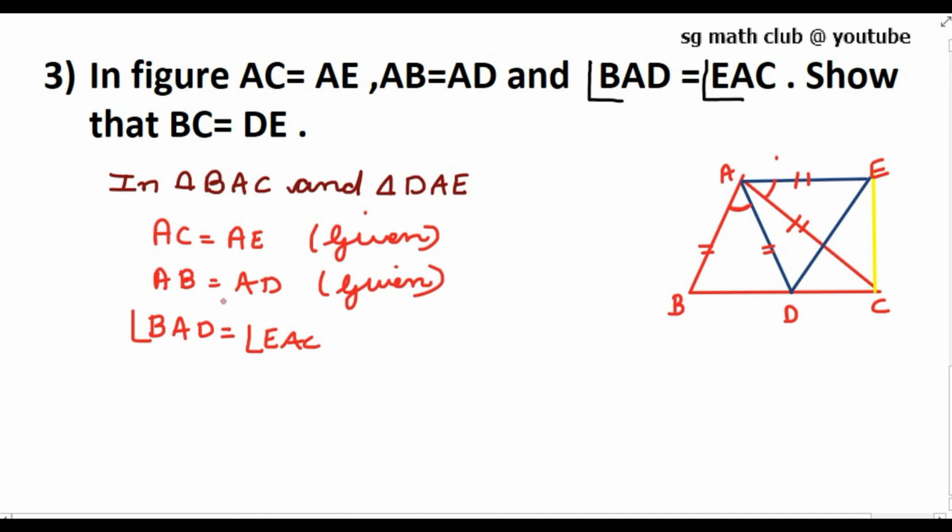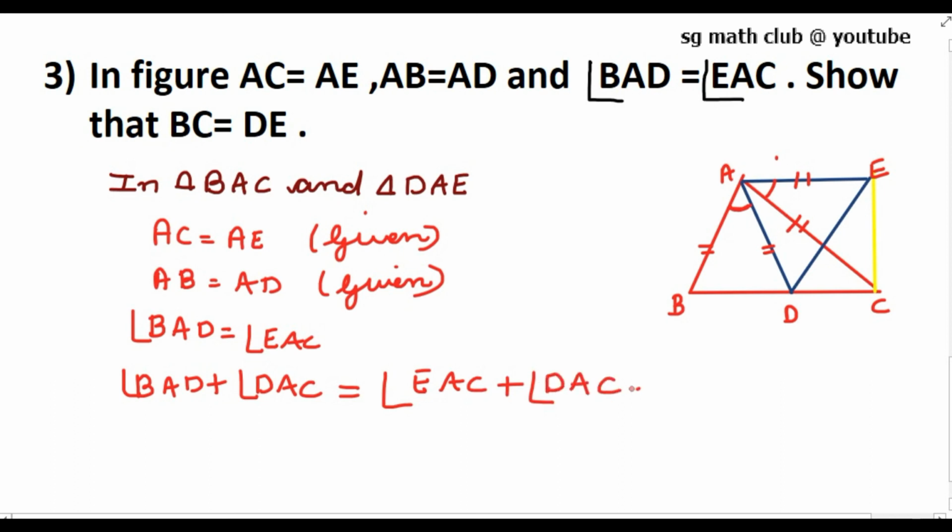So I am going to add DAC on both sides. So BAD plus angle DAC equal to angle EAC plus angle DAC. BAD plus DAC together will give you BAC. Again EAC plus DAC together will give you EAD.